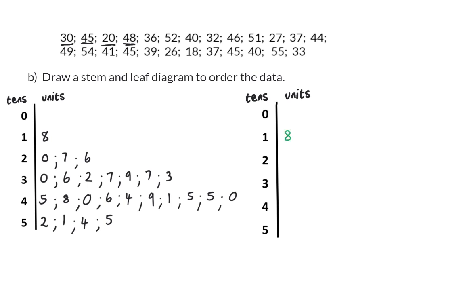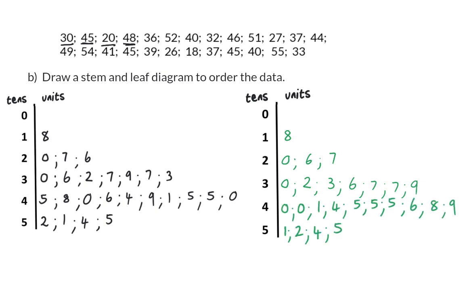For the tens we only have 8, but for 20s we have a 0, then a 6, and then a 7. For 3s or 30 we have a 0, then a 2, a 3, a 6, 2 7s, and a 9. And then we do the same for the 40s and the 50s. And here we have our final stem and leaf diagram.